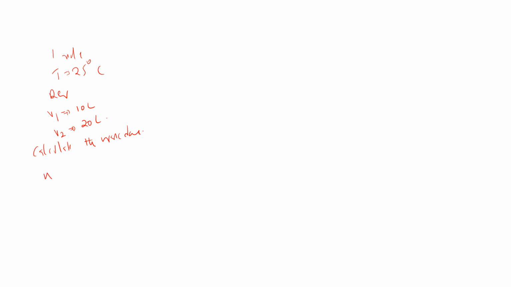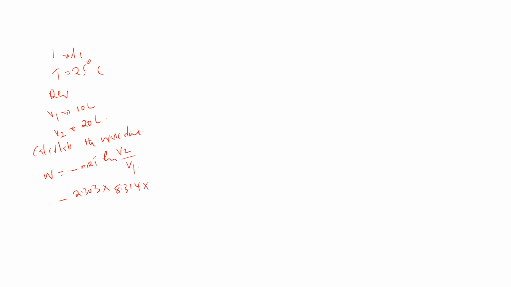And so we'll simply say that W is equal to minus nRT natural log of V2 over V1. And so if we fix the values that we have, we know that n is equal to 1. So we can also write this in terms of the log to base 10, which comes to 2.303, times our R here, which is 8.314.